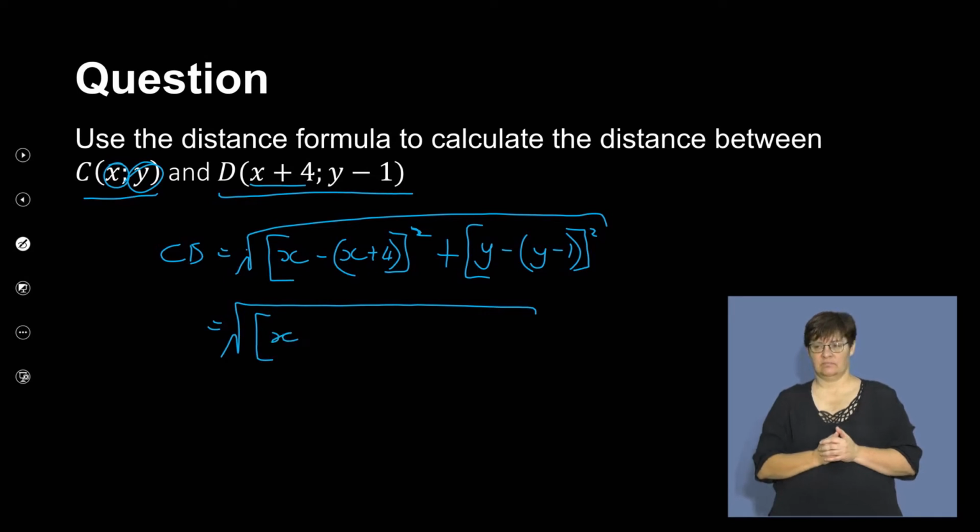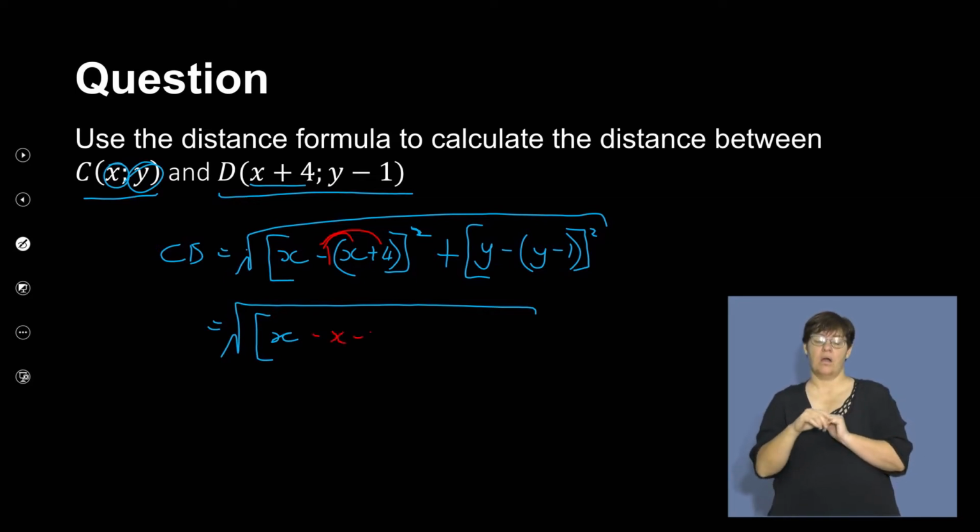What I'm doing here is I'm subtracting x and I'm subtracting 4. And so what I like to do is I like to always put a minus 1 in front of the brackets because I'm going to be distributing that minus 1 in onto the x and the 4, and I'm going to get minus x minus 4 all squared.